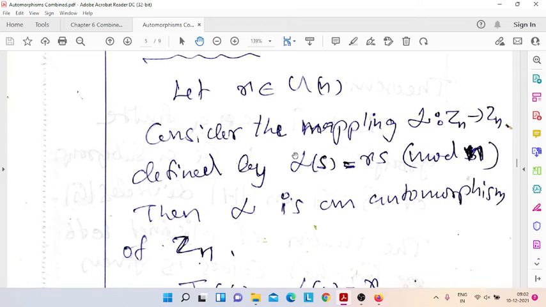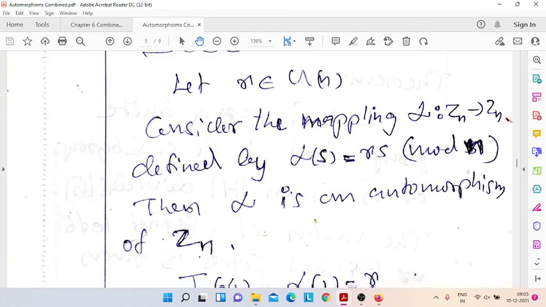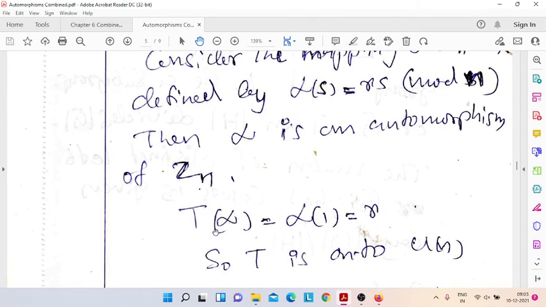We are considering an automorphism from Zn to Zn such that alpha of S is equal to R times S mod n, where S is a member of Zn, and alpha is an automorphism of Zn.